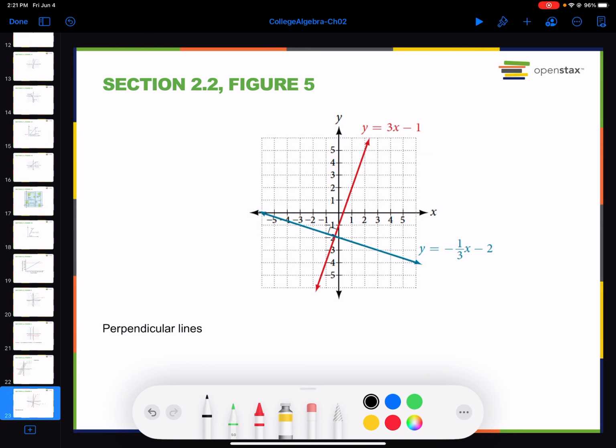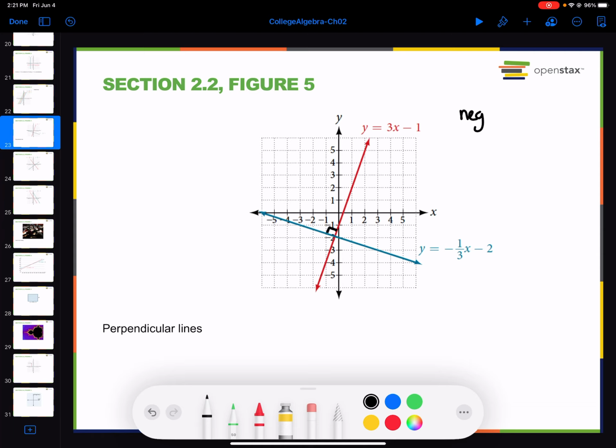In this example, we're talking about perpendicular lines. This is when you have a 90-degree angle between the two, and this is called a negative reciprocal. Anytime you want a perpendicular line, sometimes it's denoted as this, or sometimes it's denoted like this. Anytime you have a perpendicular slope, it's going to be the negative inverse of whatever the original one is.